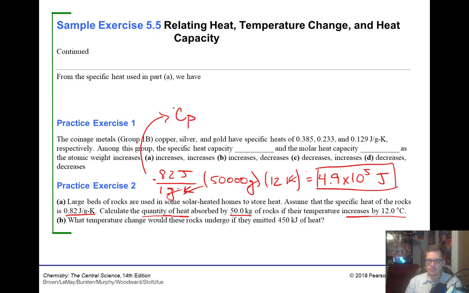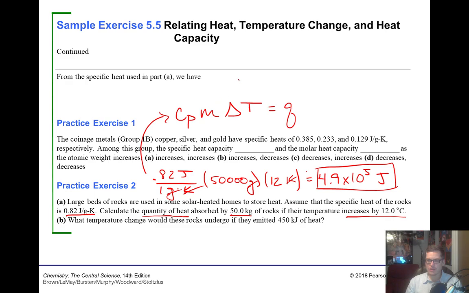The C comes, I'm pretty sure, from calories, which was the original unit for heat used in chemistry for a long time. So heat capacity times mass, and this was the change in temperature, our delta T, and that was equal to our heat evolved.